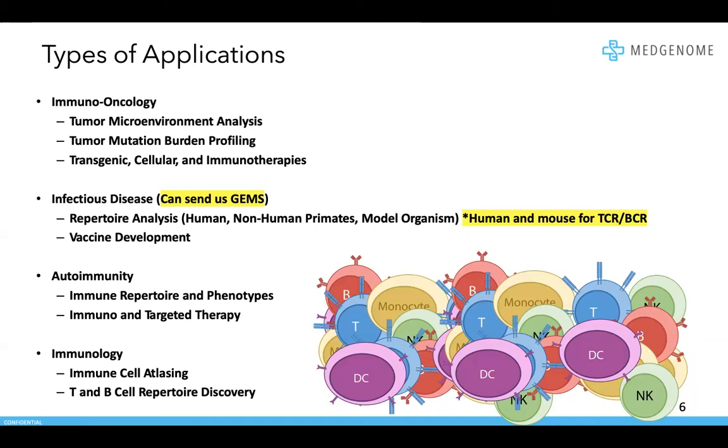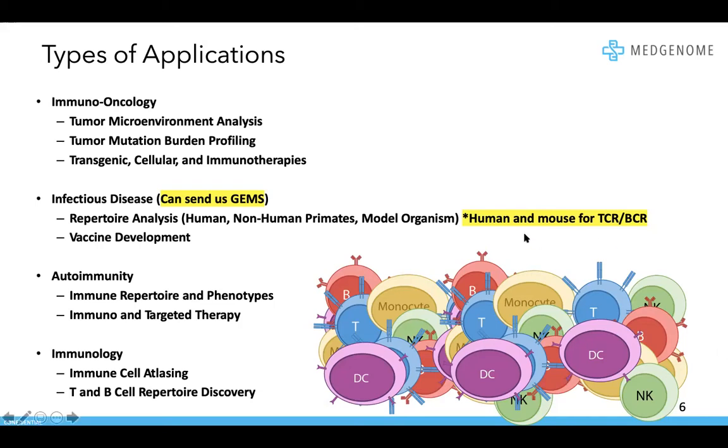Infectious disease, we don't process infectious samples, but a lot of clients are able to make their own GEMs. And if they have a project that studies infectious disease, they're free to make their own GEMs and send those to us for downstream processing. Vaccine development, that's another big one right now. Studying autoimmunity, immune cell atlasing, or just basic T and B cell repertoire discovery.